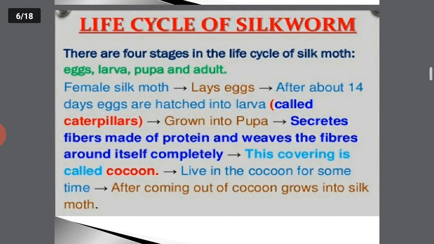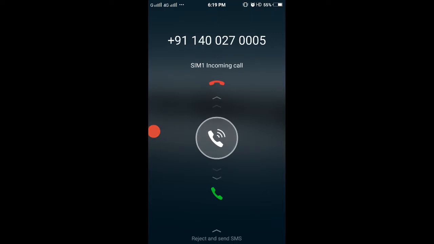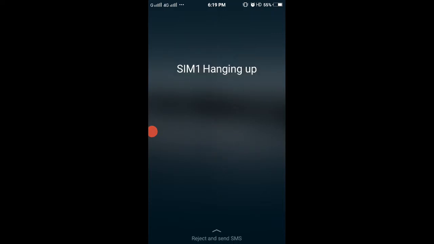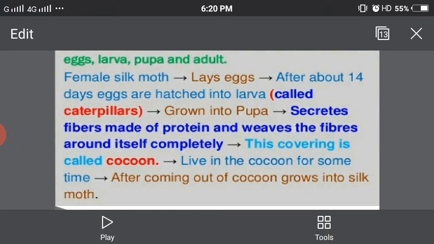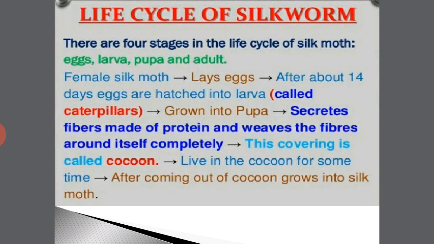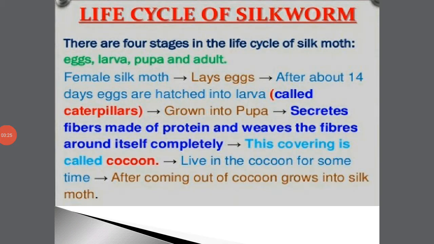Life of a silkworm. There are four stages in the life of a silk moth: egg, larva, pupa, and adult.